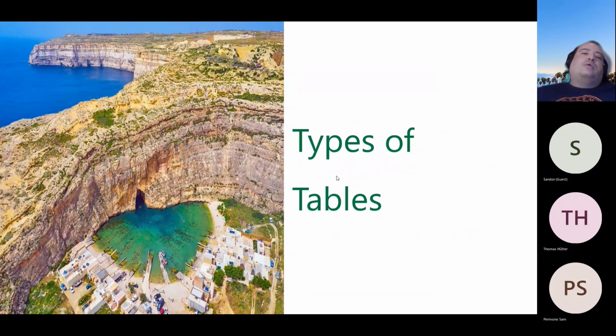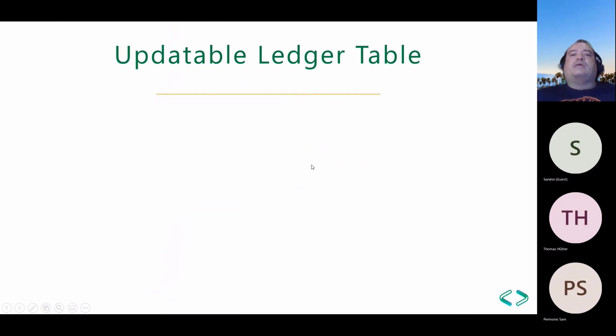Okay, so we make this provision. Then we'll create the tables inside our database. There are two kinds of tables that we create in a database enabled for SQL Ledger. There is the updatable ledger table.